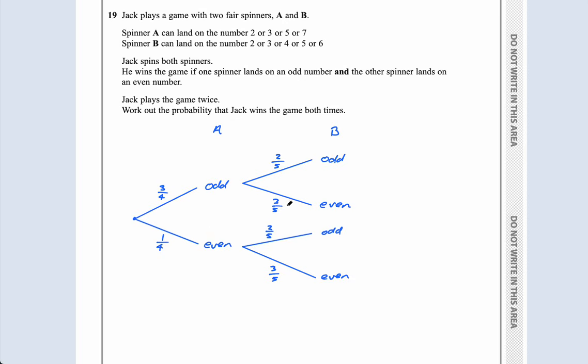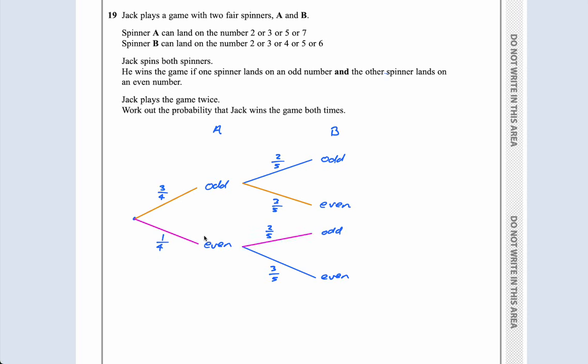Now, the reason I've drawn the tree diagram is because it's slightly confusing, because he wins if one spinner lands on odd and the other spinner lands on even. So the ways he can win is if he gets odd and even, or even and odd.